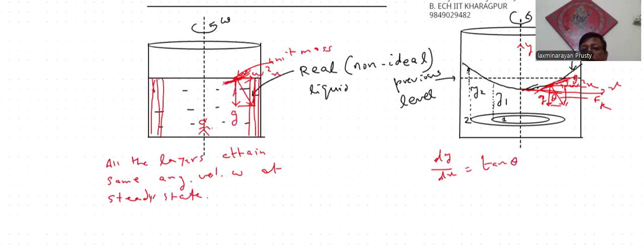That must be equal to this length by this length, that is omega square x by g. So obviously dy will be omega square x by g into dx.